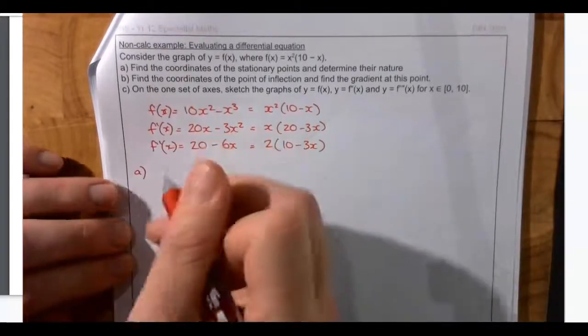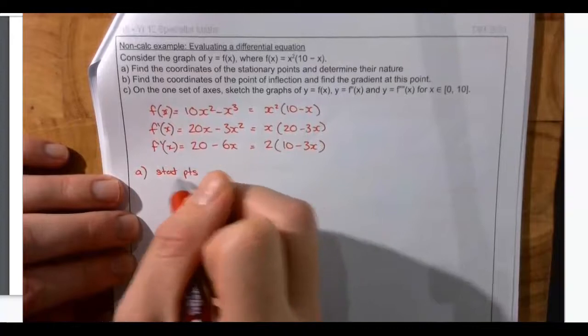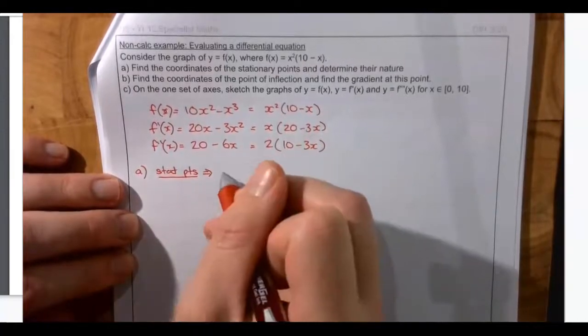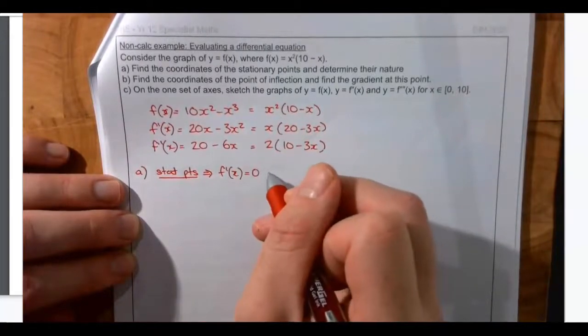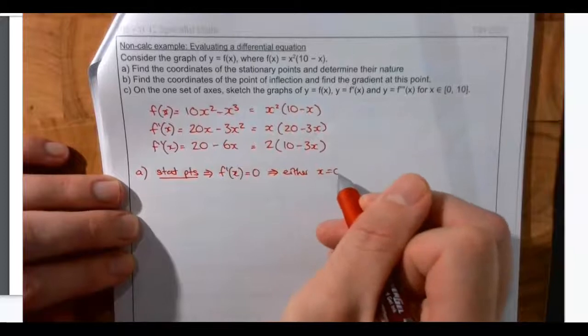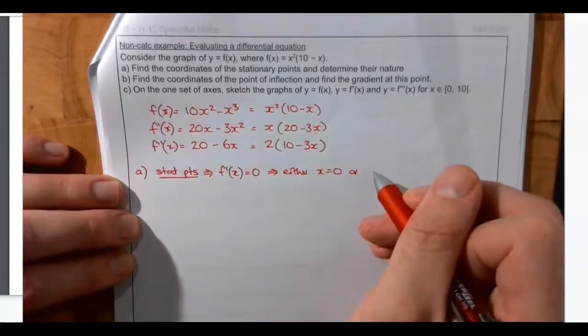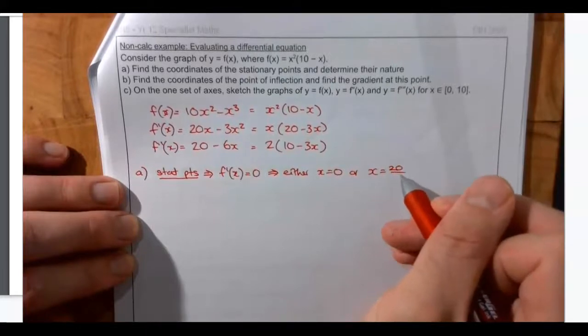Looking at part A, we're looking at stationary points. So stationary points implies that f dash of x equals 0. So that implies either x equals 0 or x equals 20 over 3.